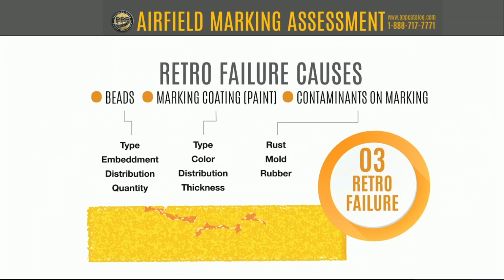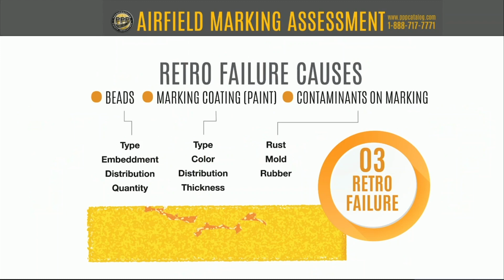We measured them after and we increased the retro by 50%. Let's say you were at 100 millicandelas, we were then closer to 150 millicandelas after just cleaning, not repainting, just cleaning. So the contaminants on a marking can absolutely affect retro values.